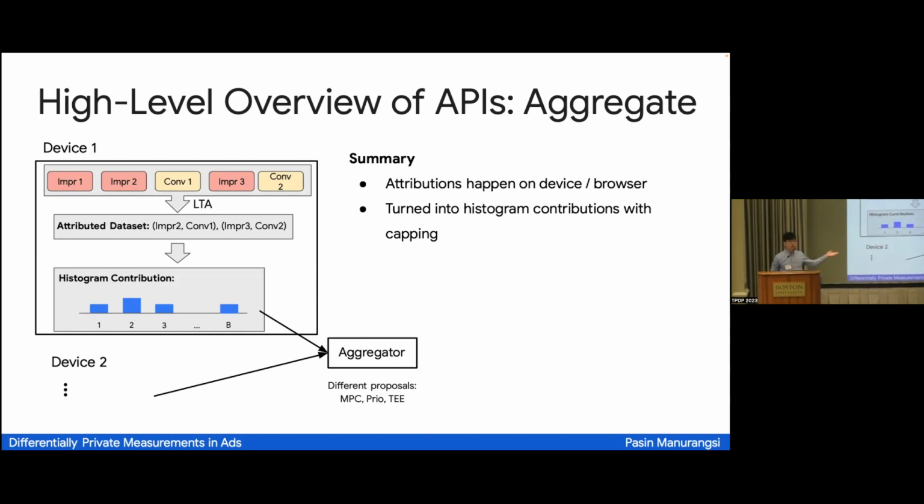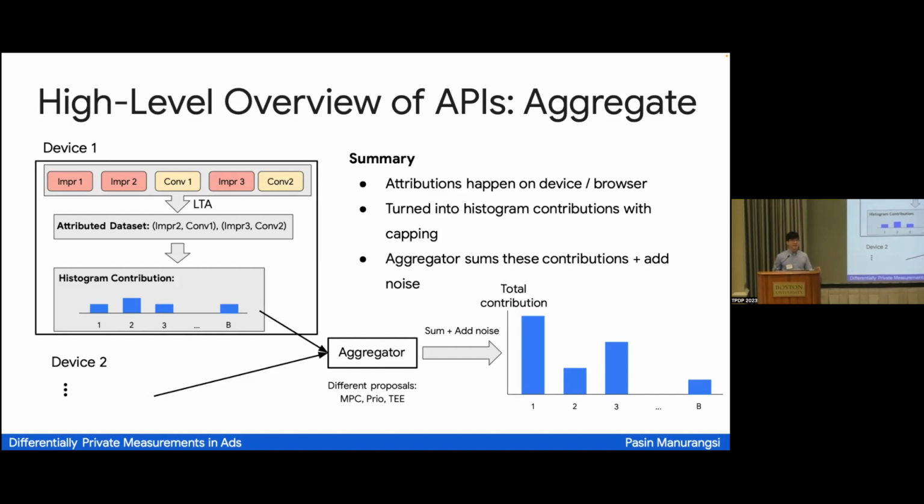Different proposals have different ways of implementing this aggregation service, which I'm not going to go into detail on. But this aggregation service will sum up all these histogram contributions and add some noise, so that at the end you get a DP histogram back. And this DP histogram is what is going to be revealed to the advertiser at the end. So this is a very rough, high-level overview of these proposals, without going into too much detail.